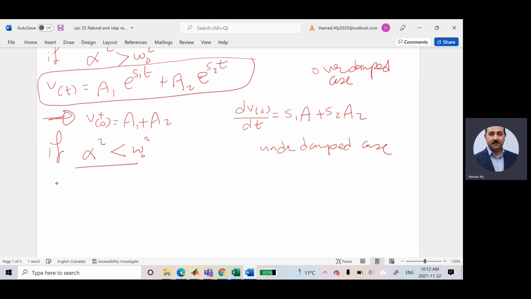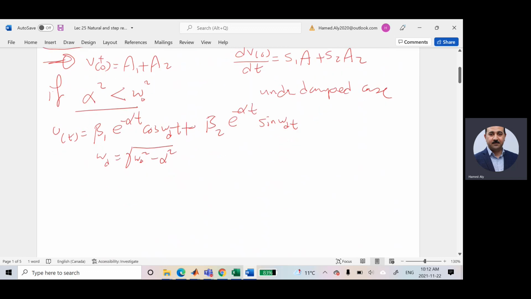And based on that, I can say V of t should be equal to beta 1 times e to the power negative alpha t cosine omega d t plus beta 2 times e to the power negative alpha t times sine omega d t. What is omega d? Actually, omega d is equal to the square root of omega O squared minus alpha squared.